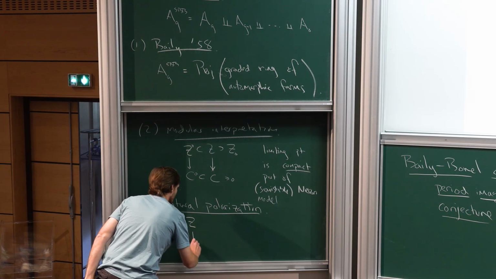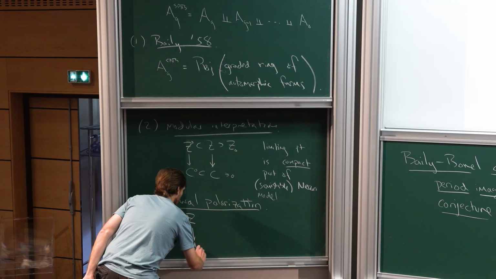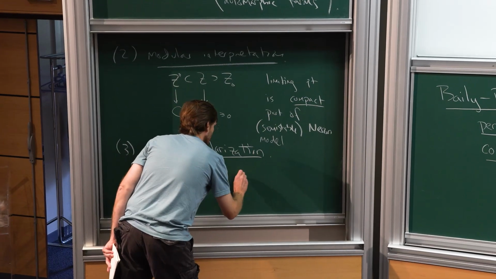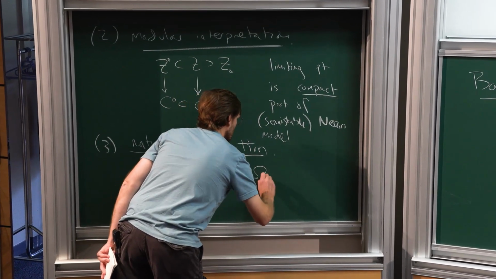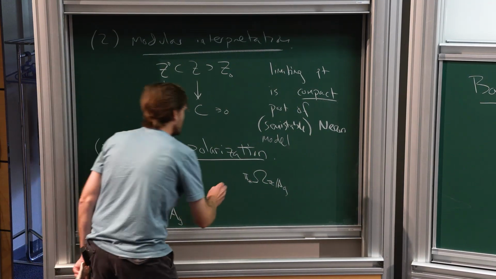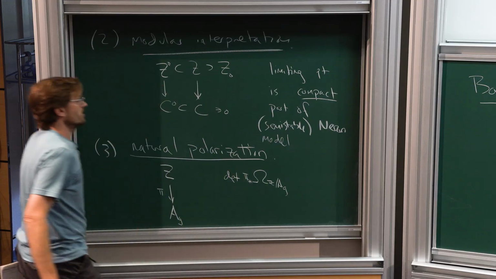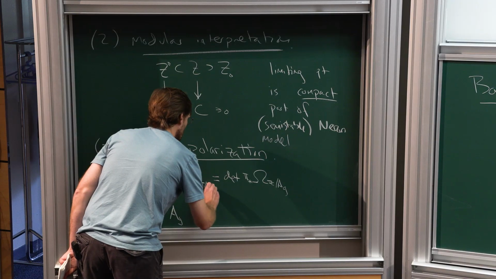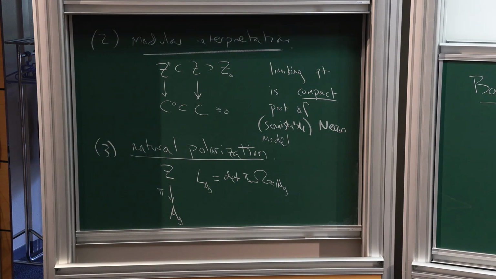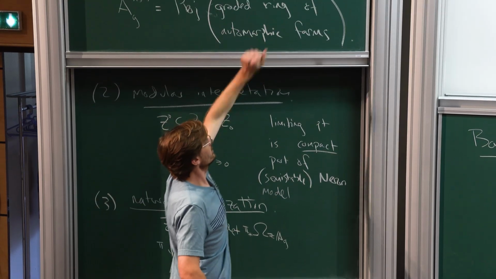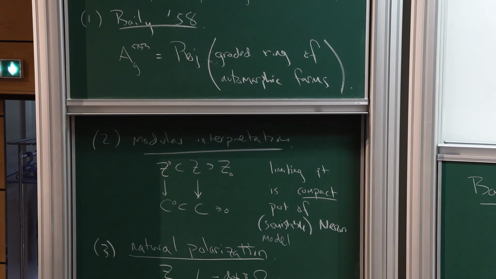If we look at the universal family just over A_g, the natural line bundle that shows up is, well, we push forward relative one-forms. That gives us a vector bundle. We take the determinant, and this is a line bundle. I'll call this L_{A_g}. And this line bundle is the line bundle whose sections with appropriate behavior at the boundary are the automorphic forms for which I get this ring. And in particular, it extends amply.